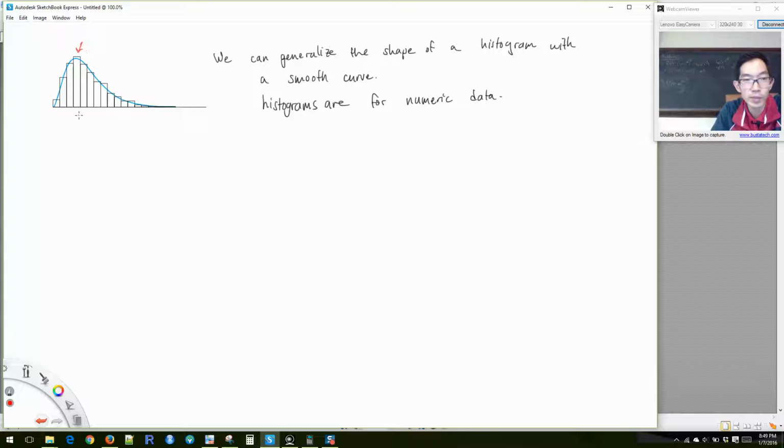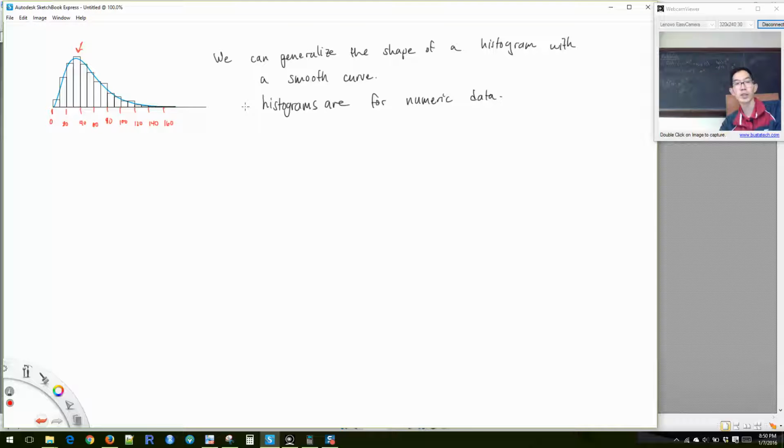So let's take a look. I'm just going to arbitrarily draw values here. Let's say this is 0, and each bar represents 20 units: 0, 20, 40, 60, 80, 100, 120, 140, 160.